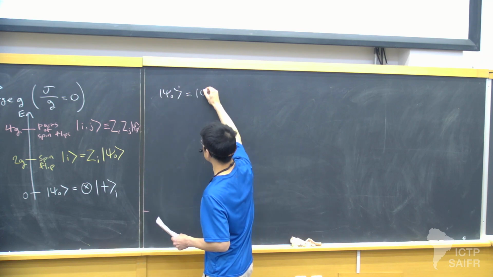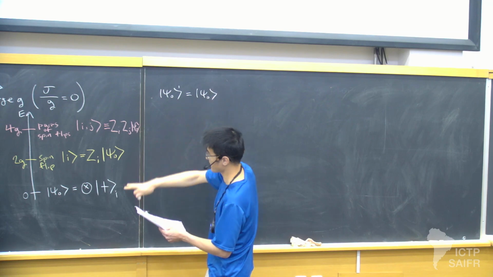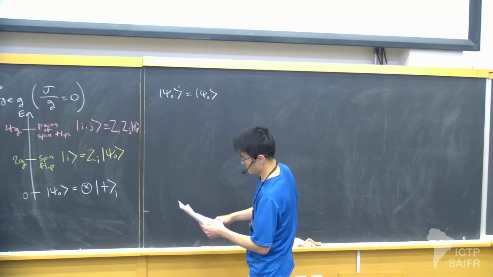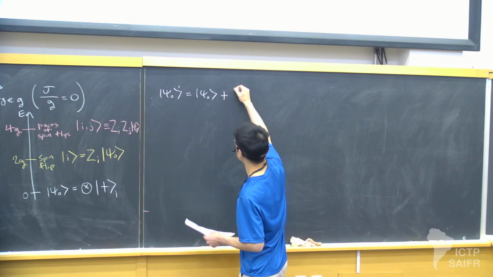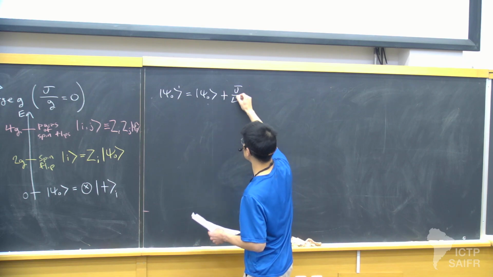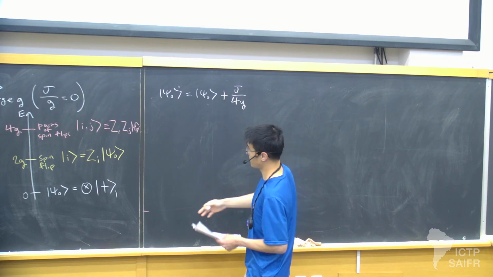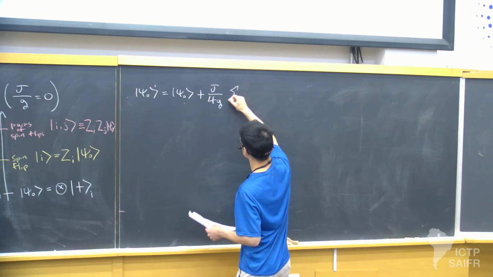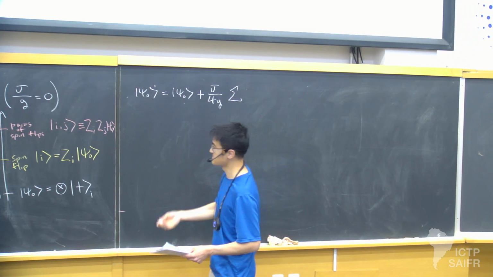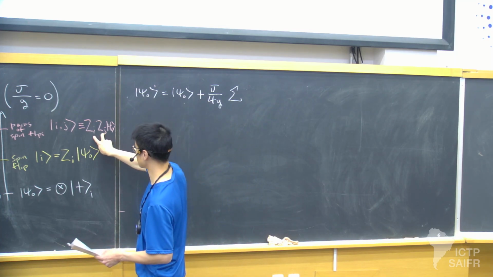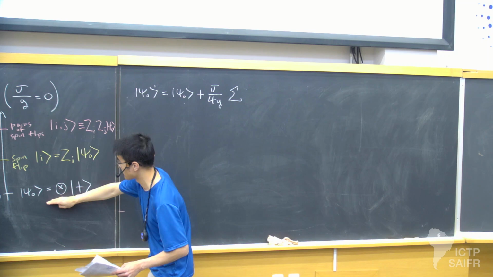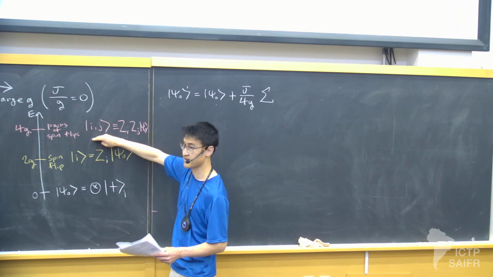Perturbation theory gives you that the perturbed state for small but finite J is the original ground state plus some mixture of these spin flip excitations. There's a matrix element for ZZ connecting the ground state and this second excited state.